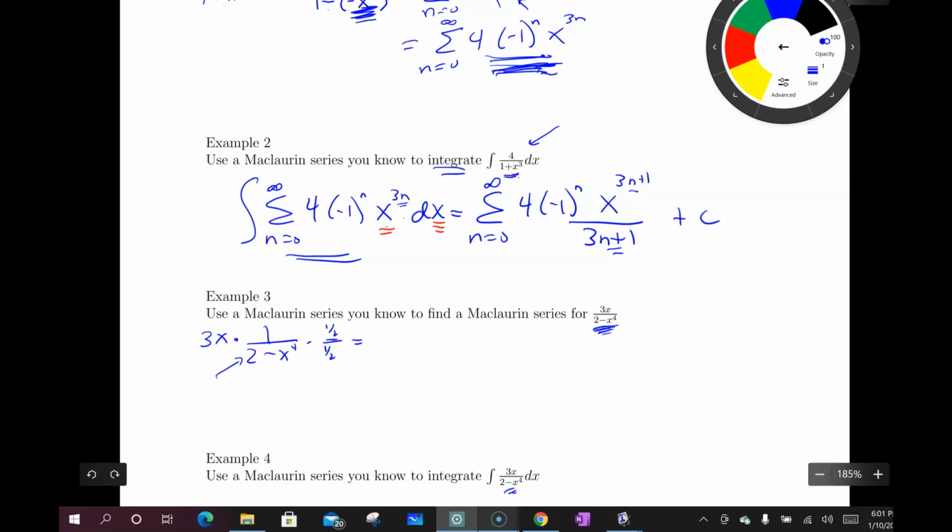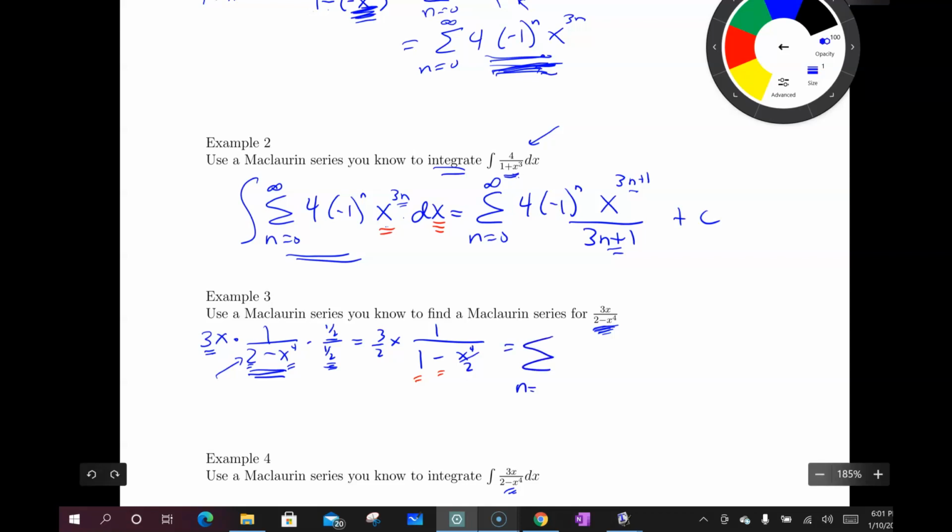This 1/2 I'm going to multiply times this, so I get 3/2 x. This 1/2 I'm going to distribute through here. So 1/2 times the 2 gives me the 1 that I want. This 1/2 times here, I get negative x to the 4th over 2. So these are the two non-negotiables: I have to have a 1 and I have to have a subtraction. Once I have those, I'm good to go.